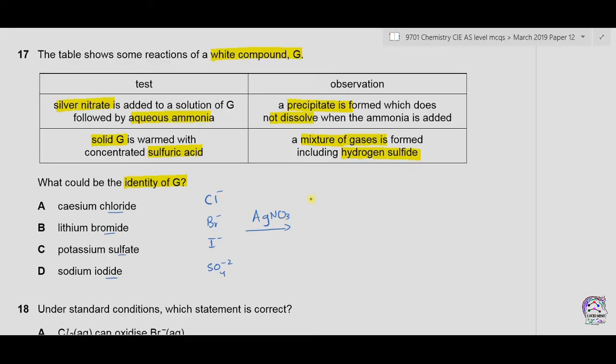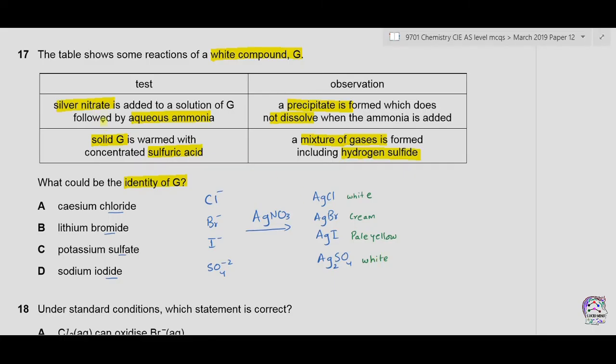What happens with these is that silver chloride, silver bromide, silver iodide and silver sulfate are formed. The colors of these are white, cream, pale yellow and again white.